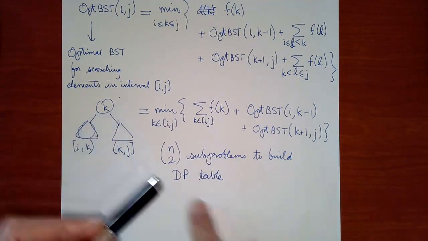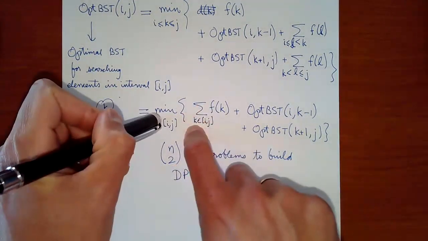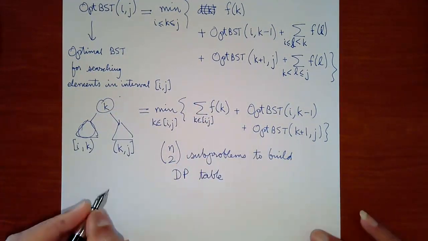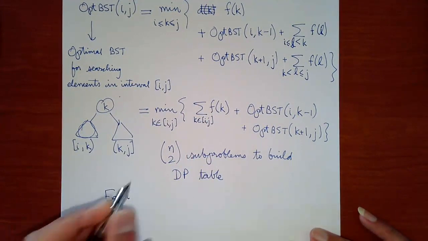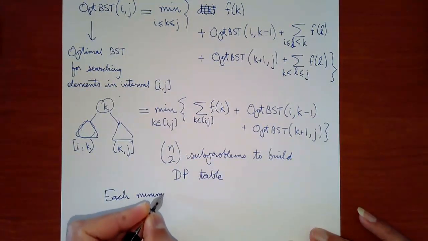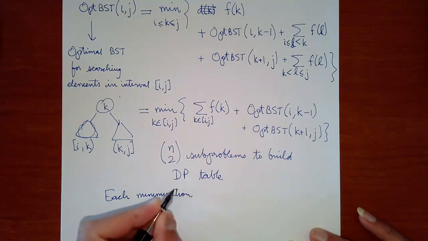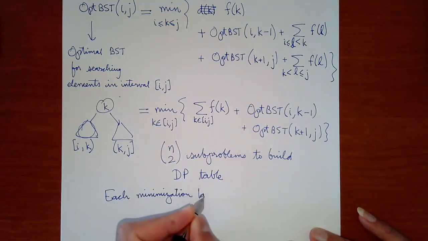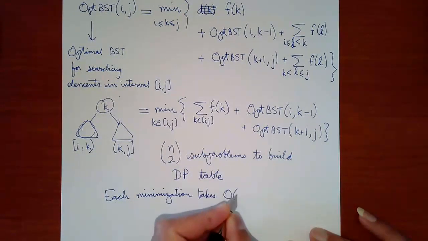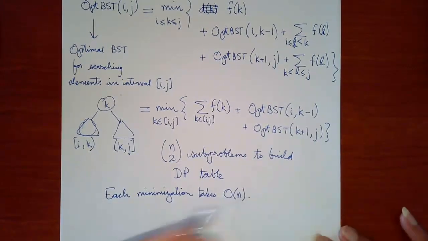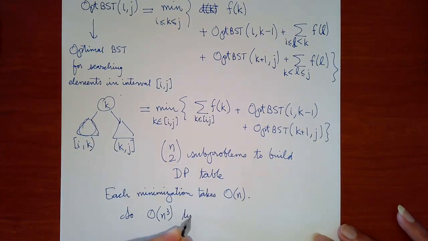N cubed, right? Because you have n squared subproblems, and each minimization takes O of n. So it is an O of n cubed time algorithm.